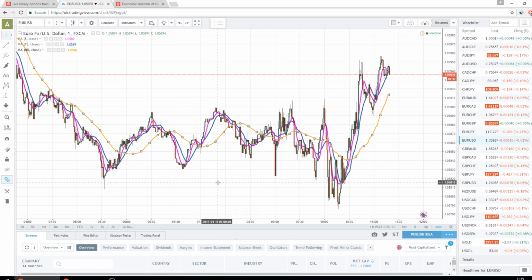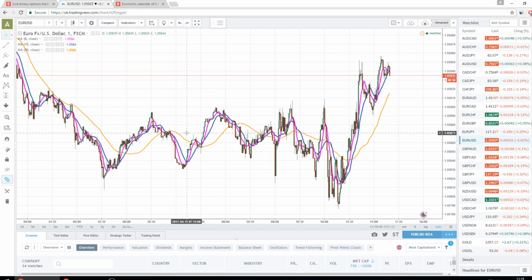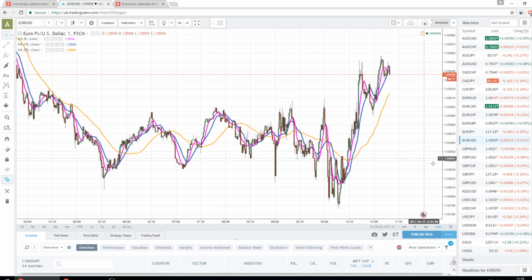So what do we have here? Basically we have here 3 moving averages with different period. So how can we use it in our analysis, in our approach to trading?